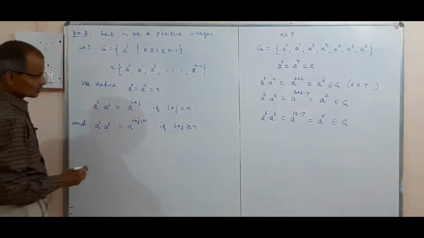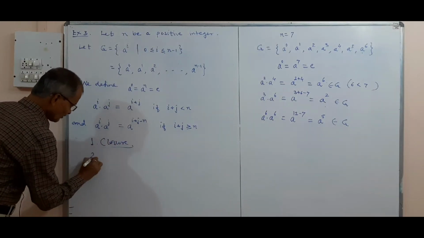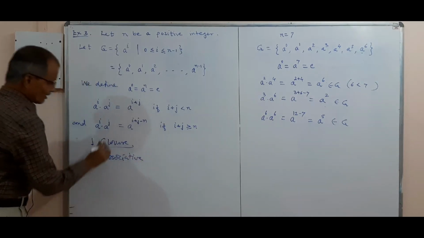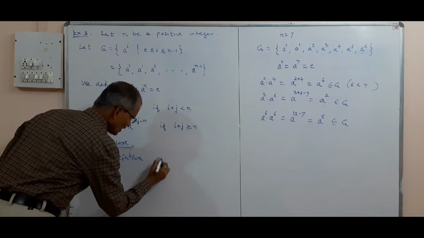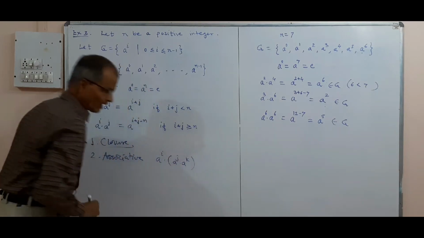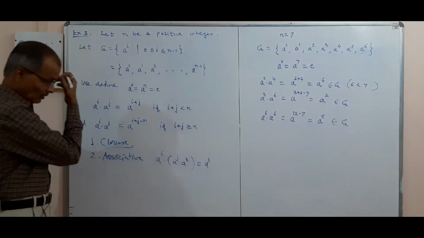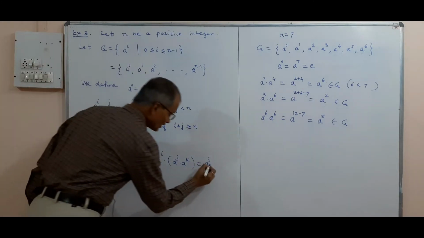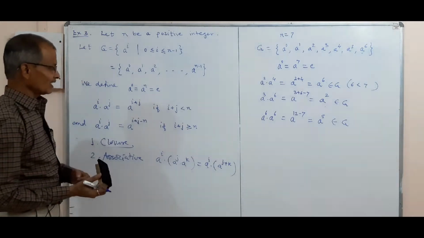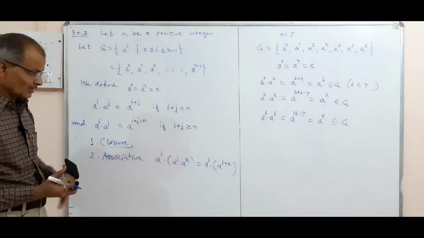Now what about the associative property? We can take three elements: a raised to i, into a raised to j, into a raised to k. And this can be written, using the usual laws of indices, as a raised to i, a to the power j plus k. In the first case, if it is less than n, we have to use the first definition. If it is greater than n, we have to use the second definition.